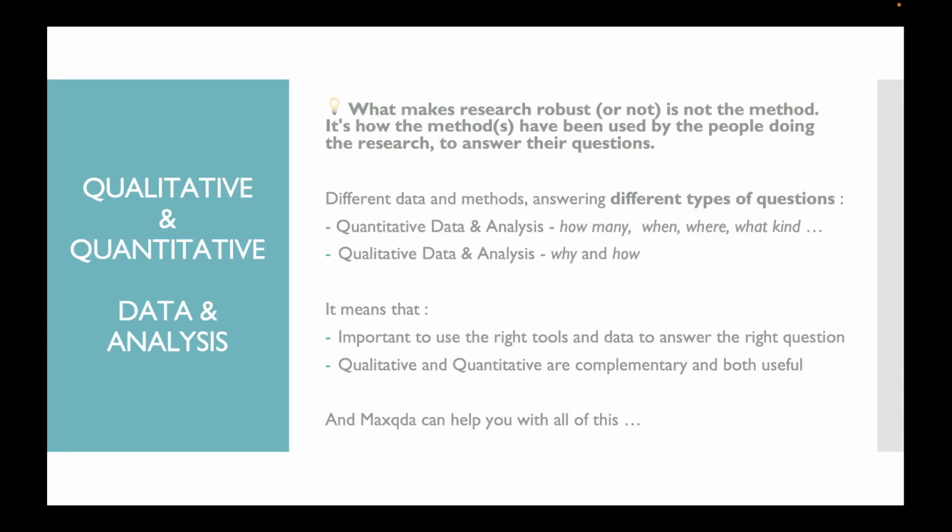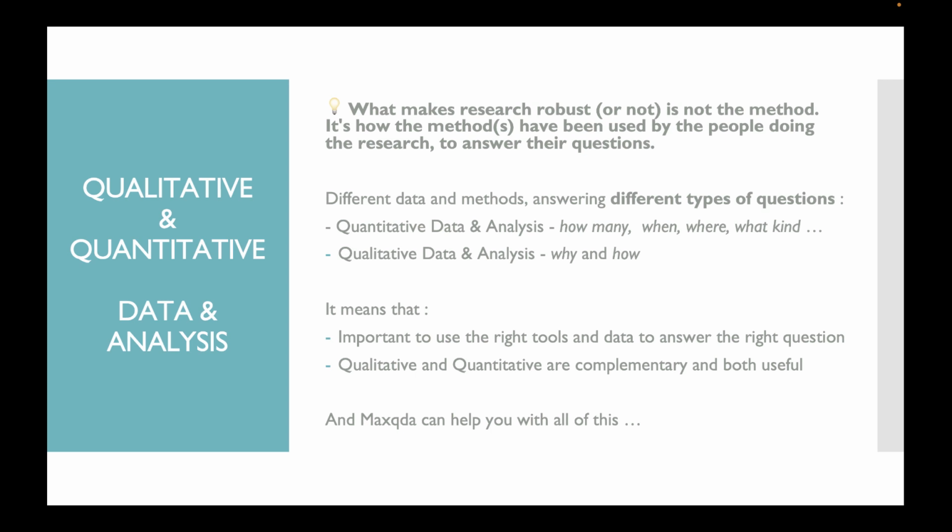So one important thing to remember, and I'm going to repeat this quite often, is that what makes a research robust or not, it's not the method. It's how the method has been used by the people doing the research to answer their questions. So it means that we don't have to set one method against the other.